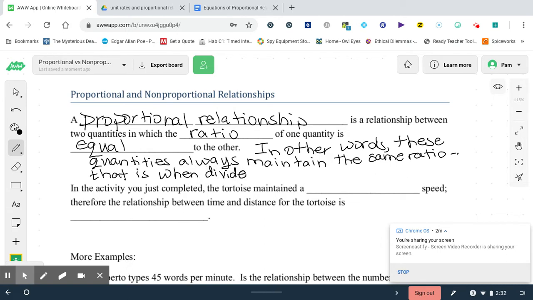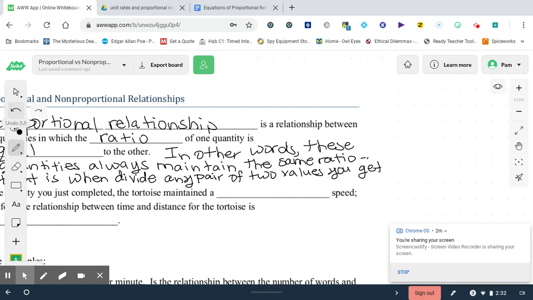When you divide any pair of two values, you get the same number. And we'll talk about that in just a second so it'll make sense to you, okay?